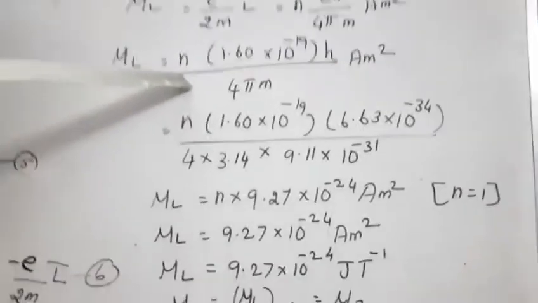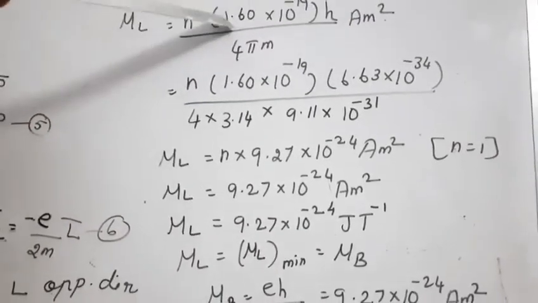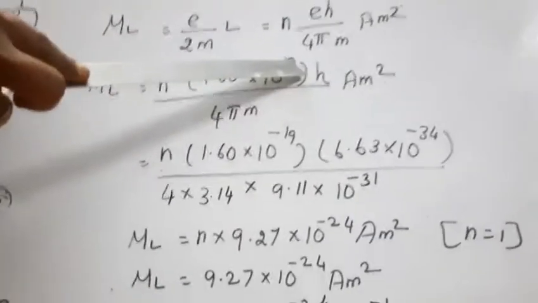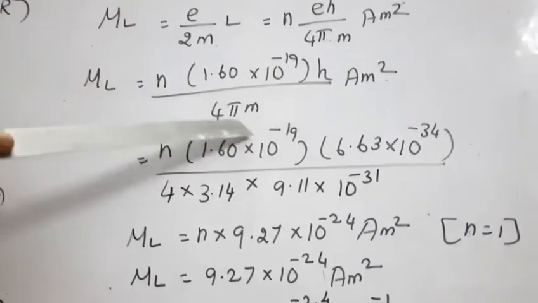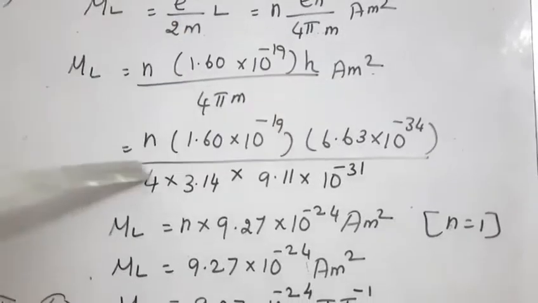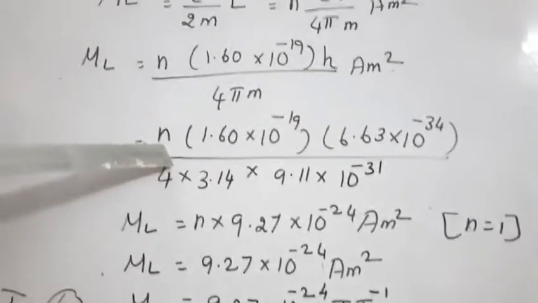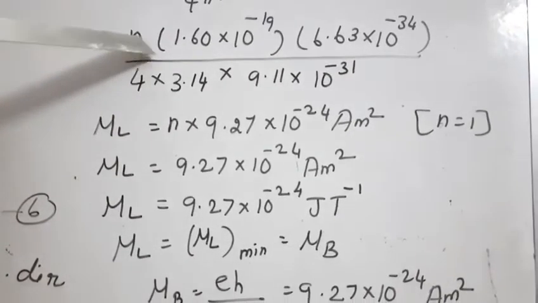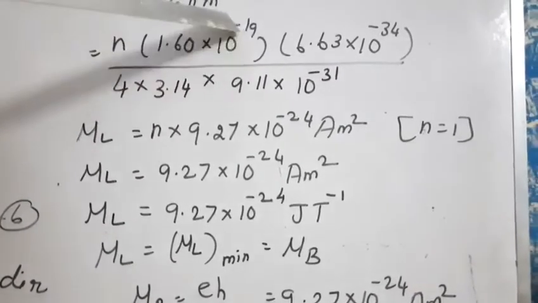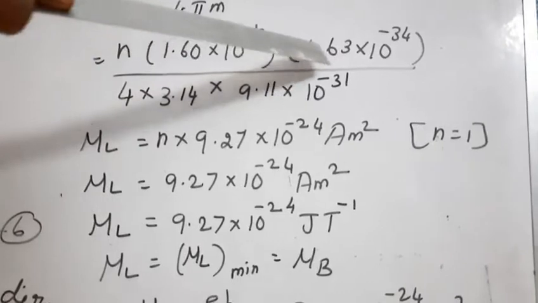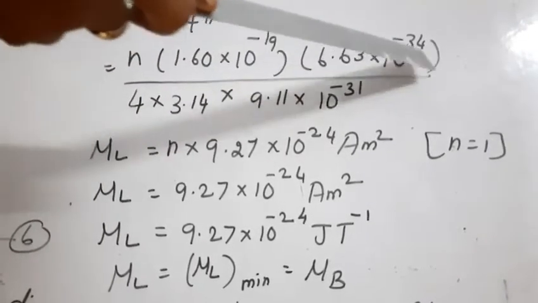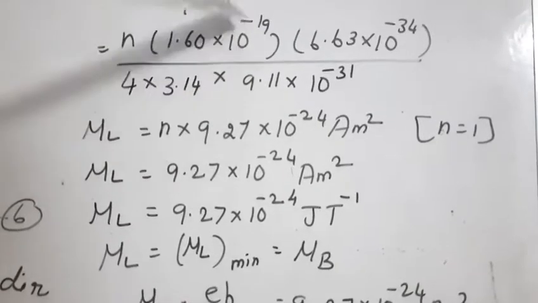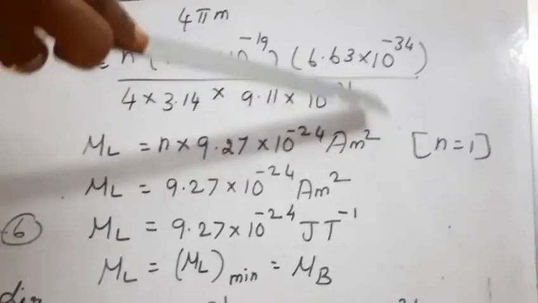Next we substitute the values. Then μL equals n into e charge value 1.60 into 10 to the power of minus 19 into h divided by 4πm A m². And next we can substitute the m value and h value. Therefore, n into 1.60 into 10 to the power of minus 19 into 6.63 into 10 to the power of minus 34 divided by 4 into 3.14 into 9.11 into 10 to the power of minus 31.